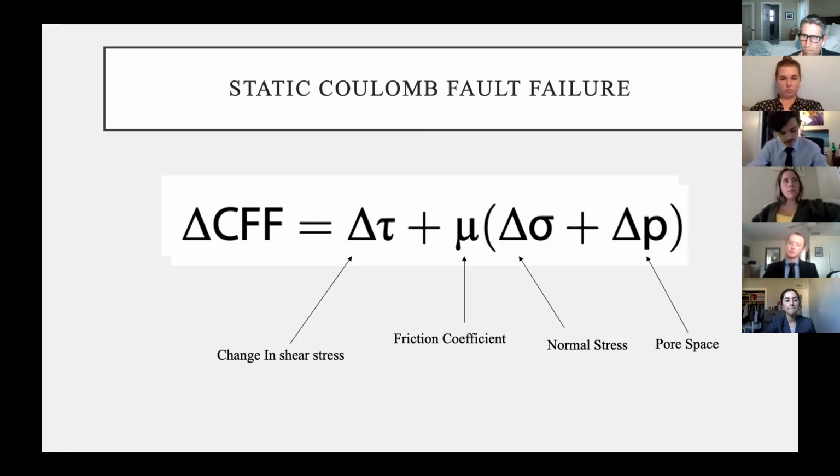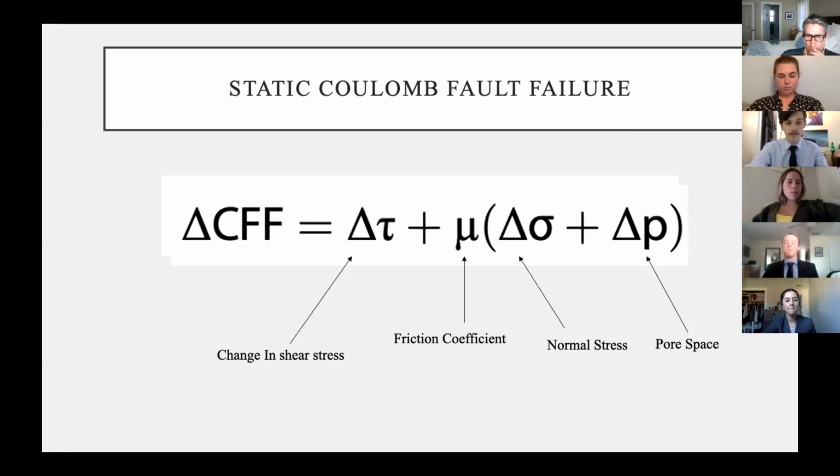This equation gives results in units of bar, which are units of pressure. When the static Coulomb fault failure is positive, they concluded that that is evidence of fluid injection, and when it's negative, it's evidence of an external pressure.